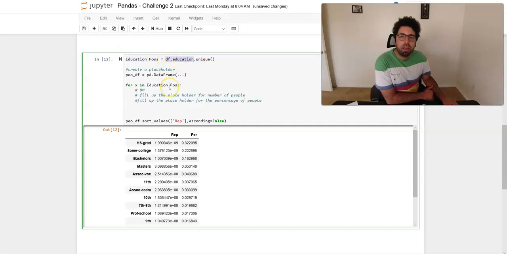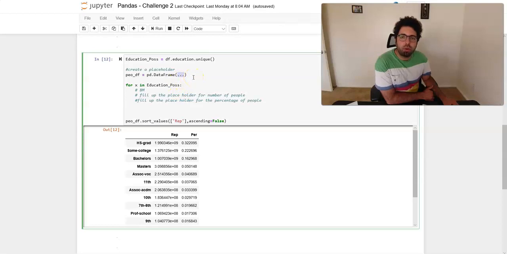Once you have that, before going through your loop over all of the education possibilities and doing some calculations for each of them, you want to create a placeholder. I'm using a DataFrame placeholder here. There are three things that you have to put here to have this placeholder.